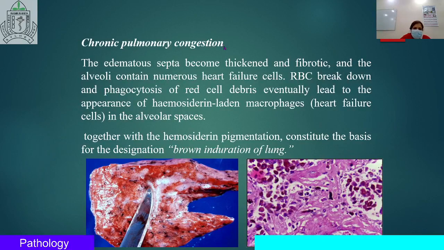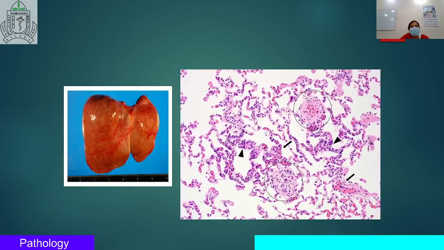In chronic pulmonary congestion, chronic means long duration, pulmonary means lung. These edematous septa become thickened and fibrotic. In acute pulmonary congestion, there are only 2 points. One is that septa become edematous, and there is alveolar hemorrhage.